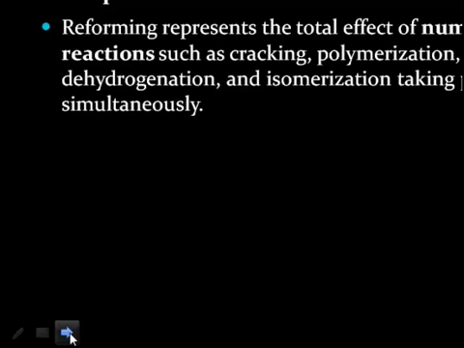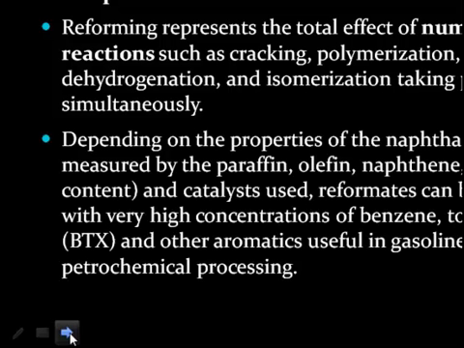Catalytic reforming is an important process used to convert low octane naphtha into high octane gasoline blending components called reformates. Reforming is the total effect of numerous reactions such as cracking, polymerization, dehydrogenation and isomerization taking place simultaneously, and depends upon the properties of the naphtha feedstock as measured by the paraffin, olefin, naphthene, aromatic content and the catalyst used.